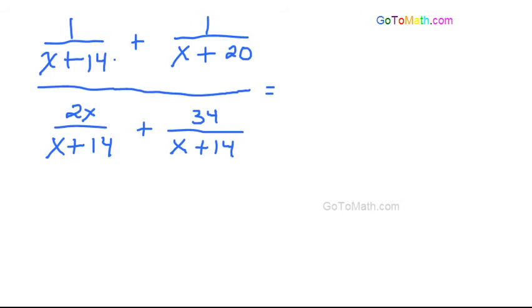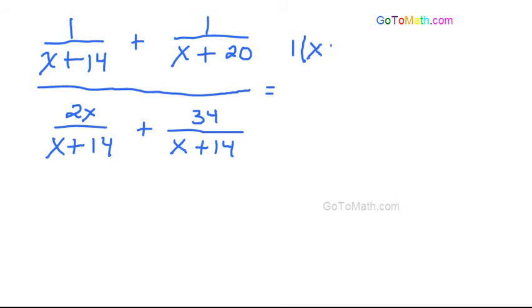Okay, do I have enough room over here maybe? Eeks, we'll try it out. So once again, we're going to multiply this side over here by x plus 20 over x plus 20, and then this side will be x plus 14 over x plus 14. But instead of doing that, we're just going to take this and multiply it by the 1, and here we won't even skip that step.